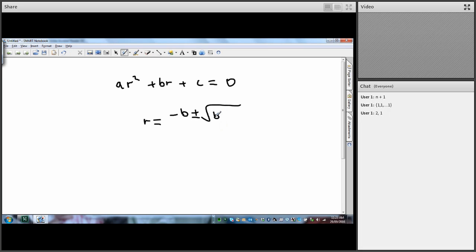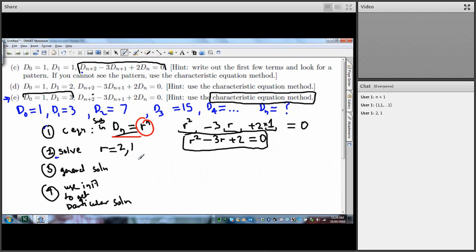It's important to know that, so for people who need it, the quadratic formula: if you've got ar squared plus br plus c equals 0, the solutions, if you can't factorize quickly, would be minus b plus or minus the square root of b squared minus 4ac, all divided by 2a.